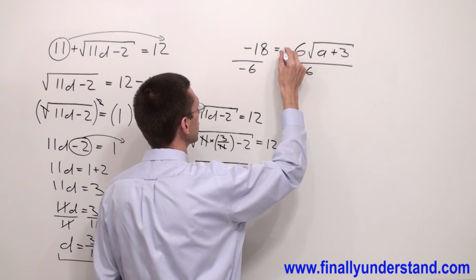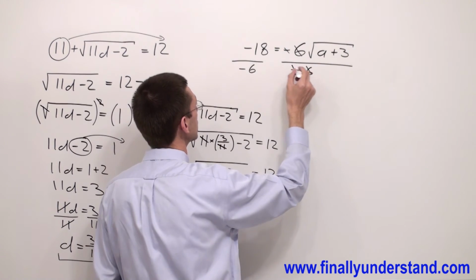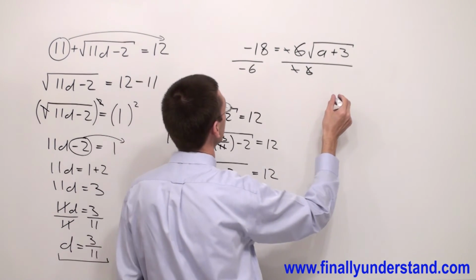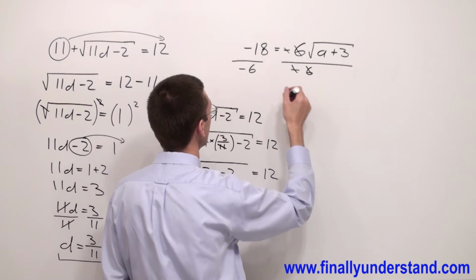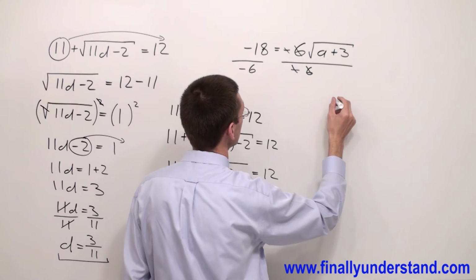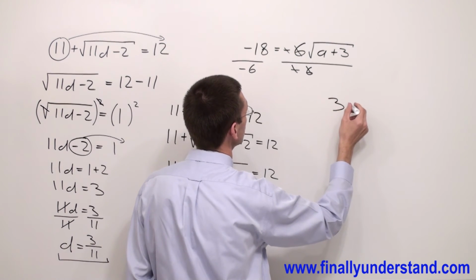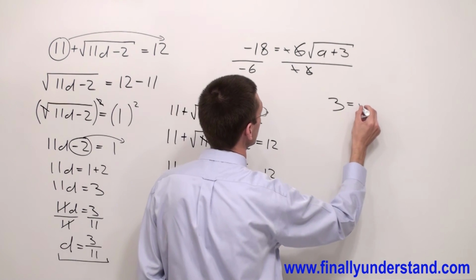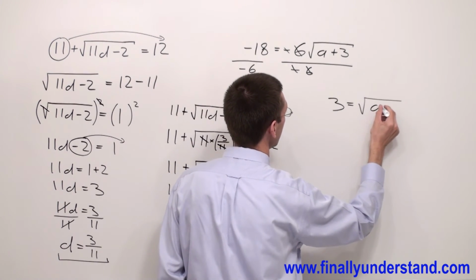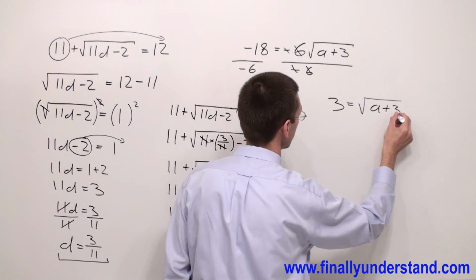Negative and negative will cancel out, 6 and 6 will cancel out, and negative 18 divided by negative 6 is equal to 3. So 3 equals square root of a plus 3.